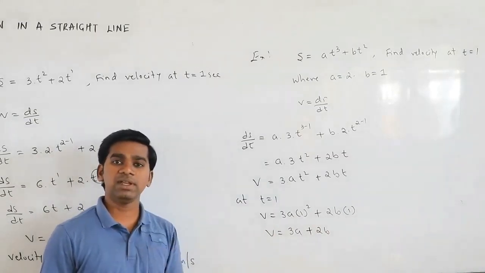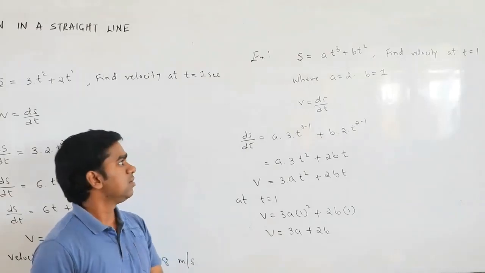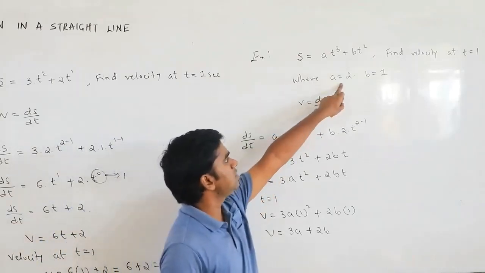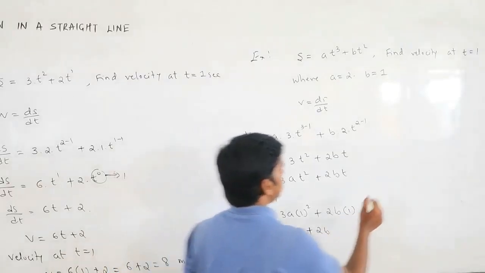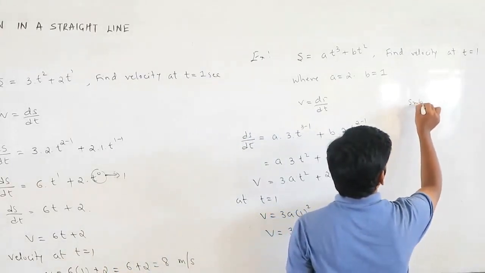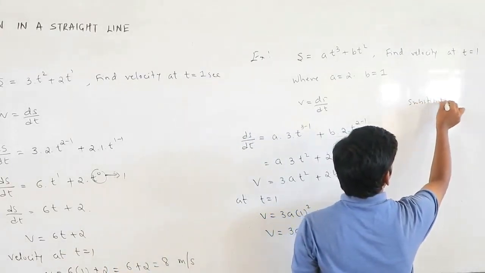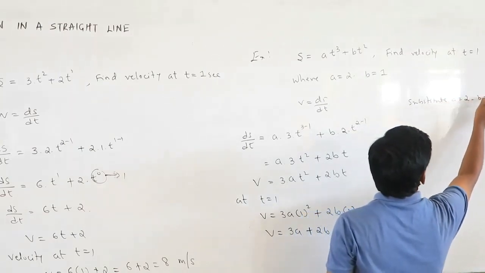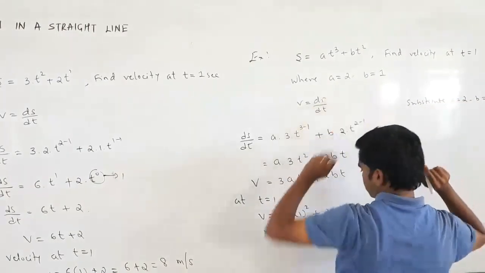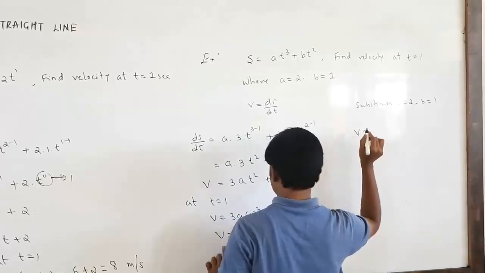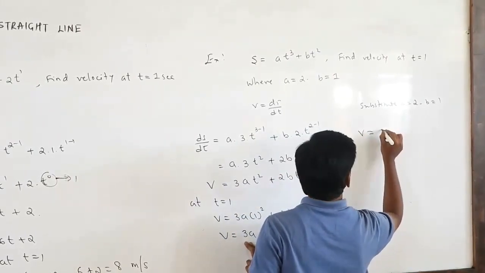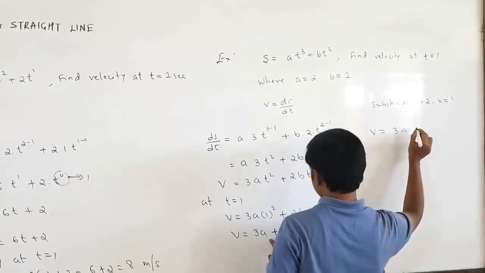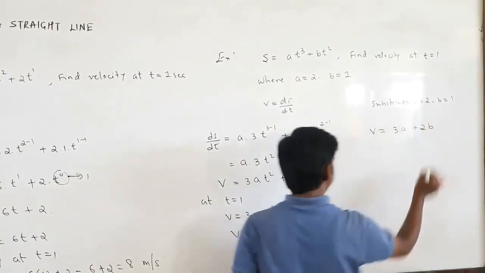But still you are not getting a number. What do they say next? Where a is 2, b is 1. Substitute that one. So substitute a equals 2 and b equals 1. You have 3a plus 2b.